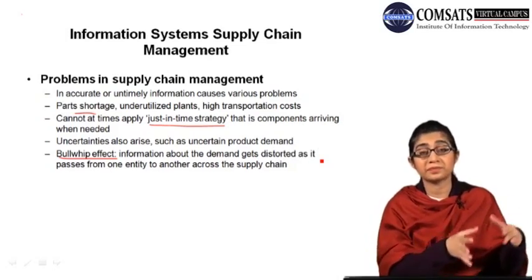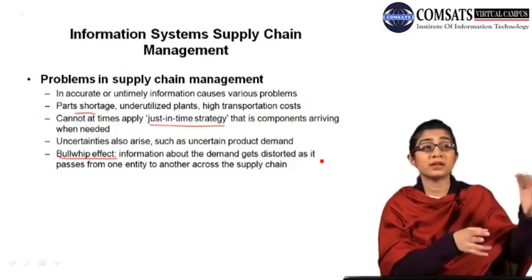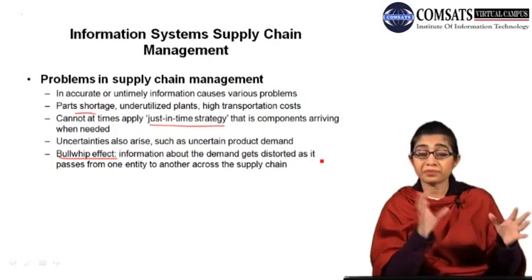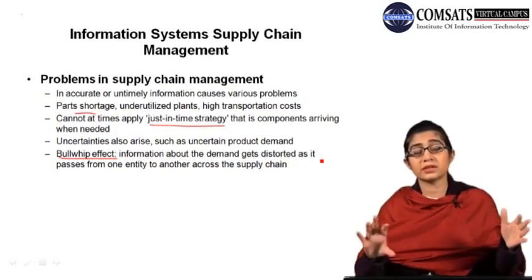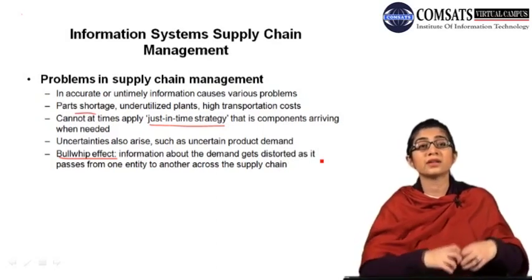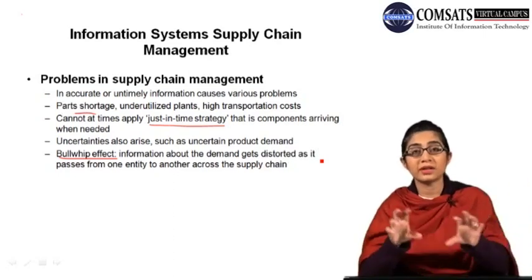In warehouses, again, the suppliers start creating more product, and they ask their own suppliers to give more raw materials. So throughout the supply chain, this bullwhip effect creates a lot of inventory at every entity level.